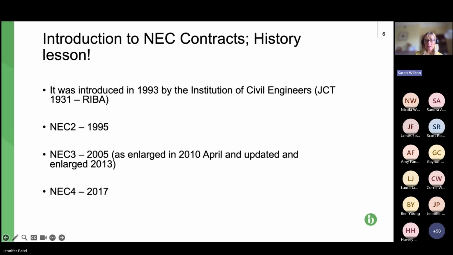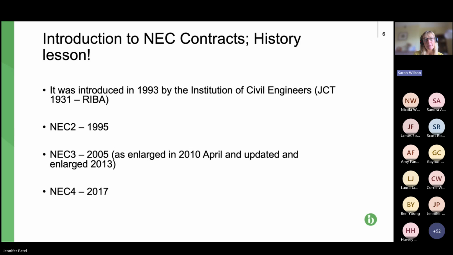There isn't a huge amount, so it's quite easy to keep up to speed with it. But it was introduced in 1993, contrast JCT 1931. So 1993 to some people in the room might seem a long time ago, but in terms of contracts, it's not. It's evolved, as has the JCT. A new one will be issued every now and again.